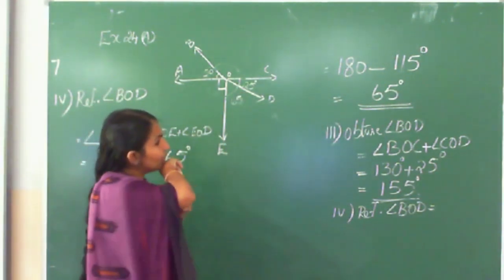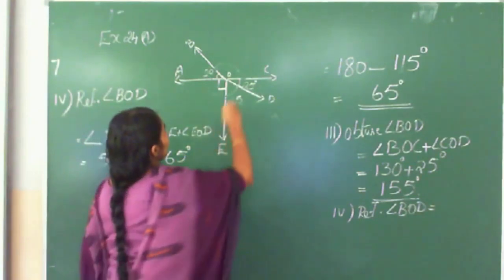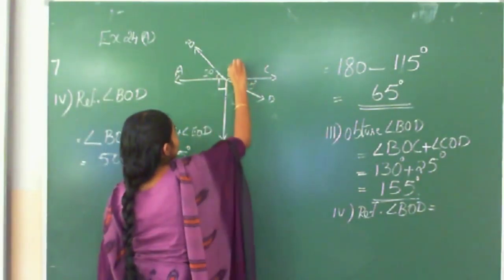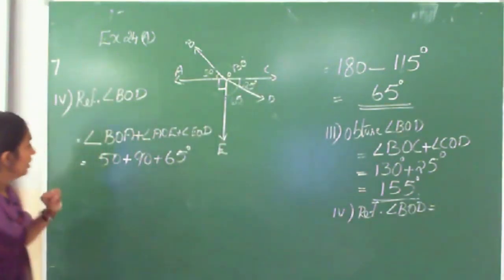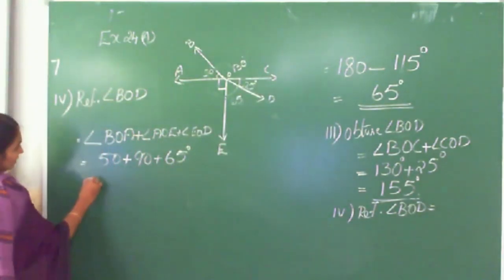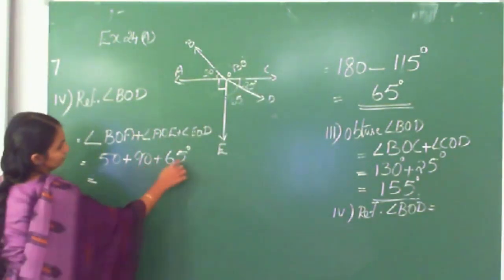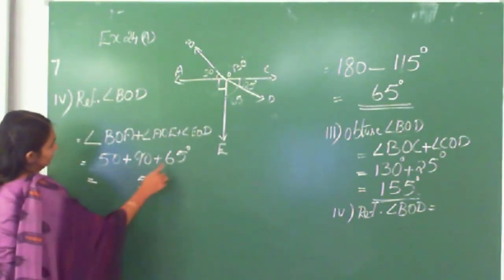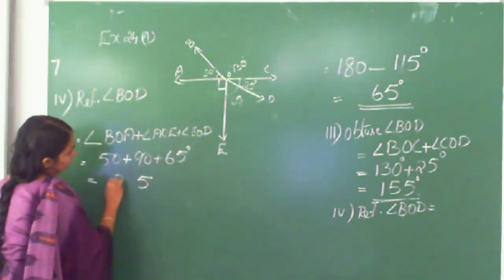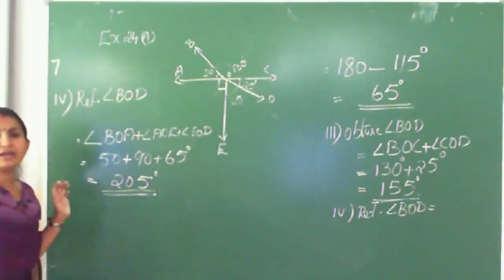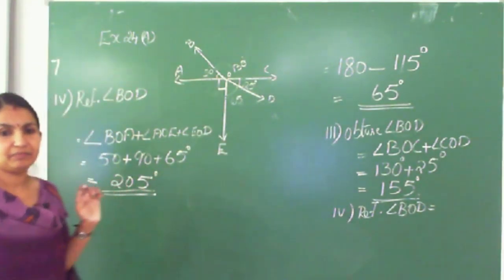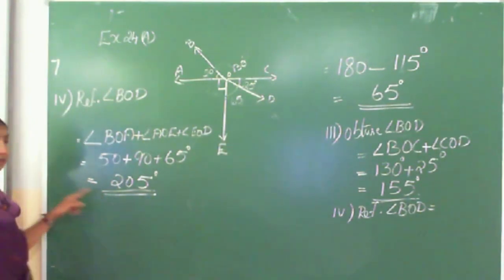So there won't be any confusion, and it will be easy for us to check from the question. So we wrote. Now add these 3 angles. 205 degrees. This is one method.